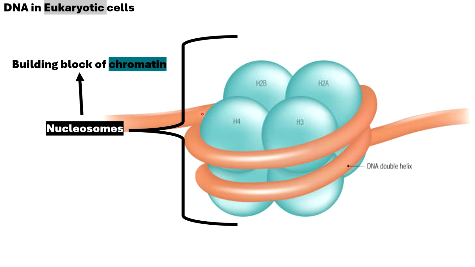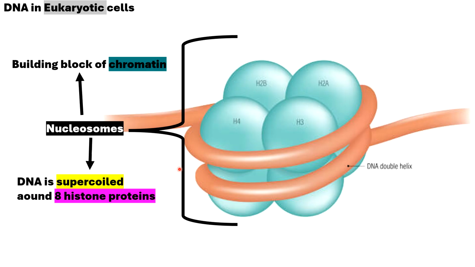Note that down. But going back, how does it contain the DNA? Well, the DNA, as you can see, is supercoiled around 8 histone proteins. So the histone proteins are these blue balls you see here. You can see there's 8, and the DNA is this orange or red strand. It's the double helix.